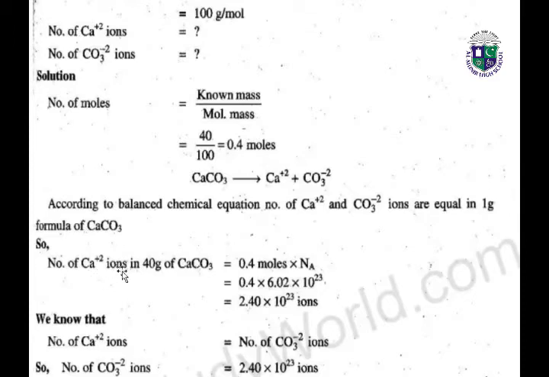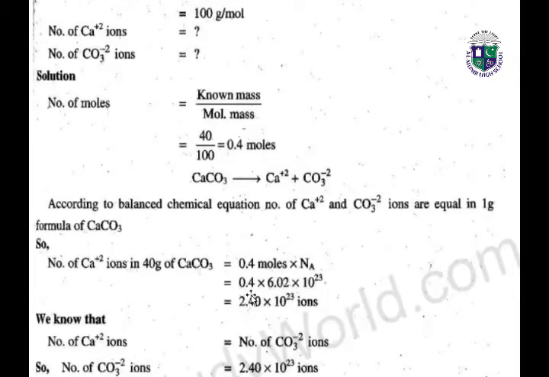Number of calcium ions in 40 grams of calcium carbonate is equal to 0.4 moles into NA. So here we have the value of NA, which is 6.02 into 10 with power 23, as I told you in your unit while reading unit number 1.